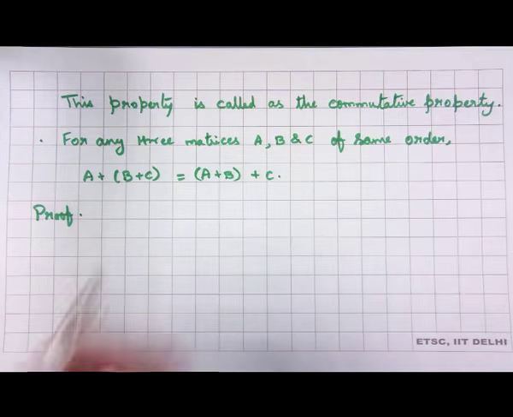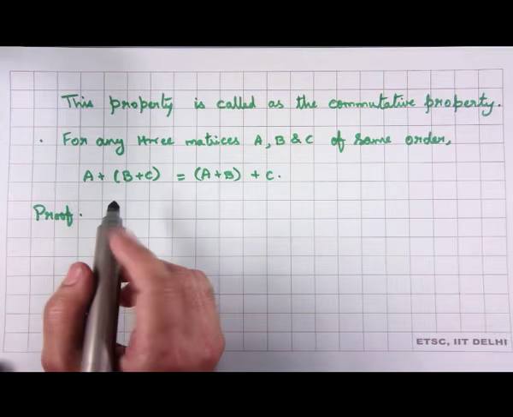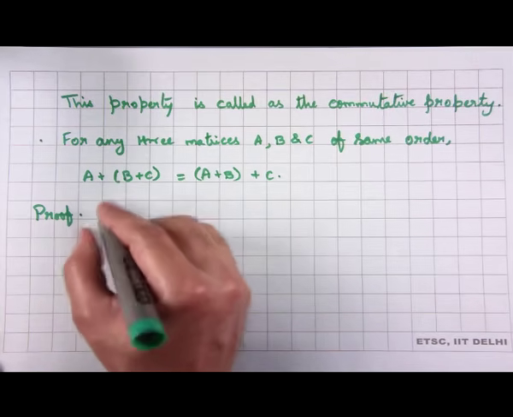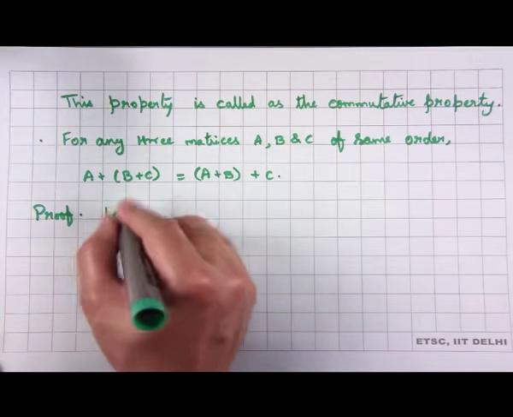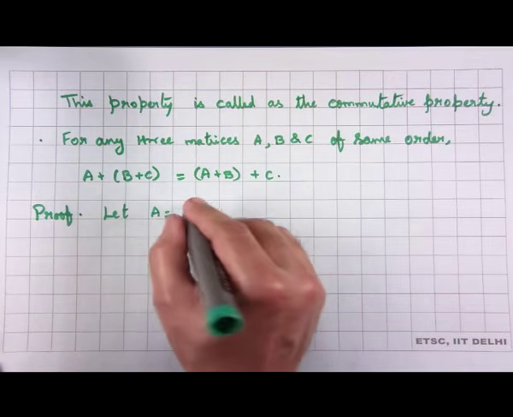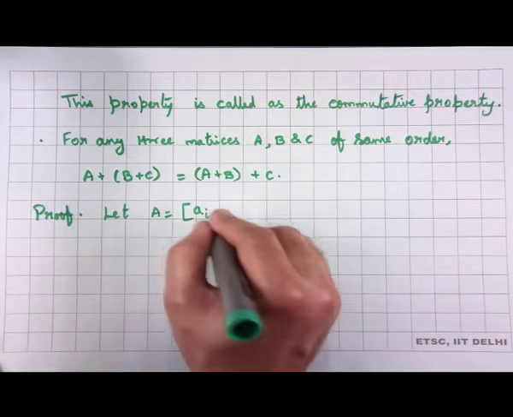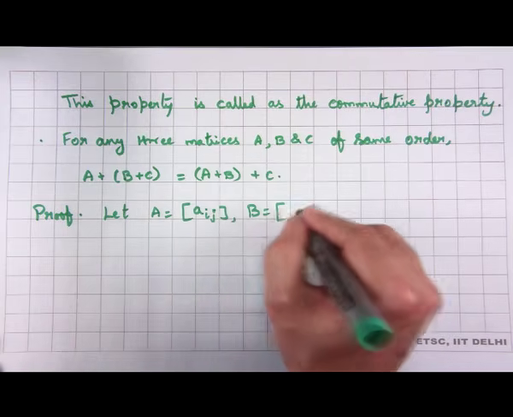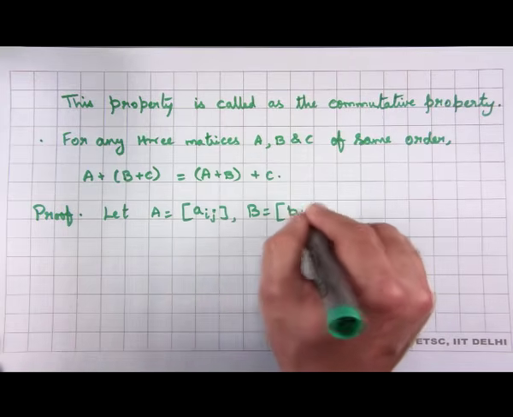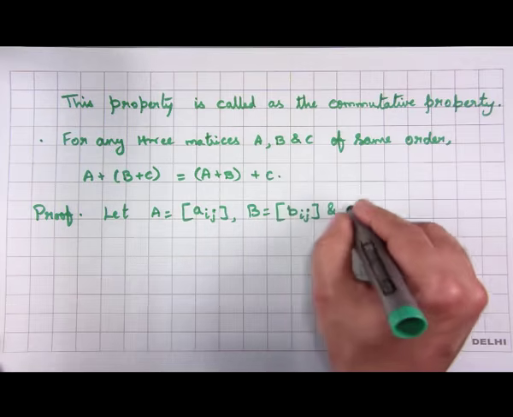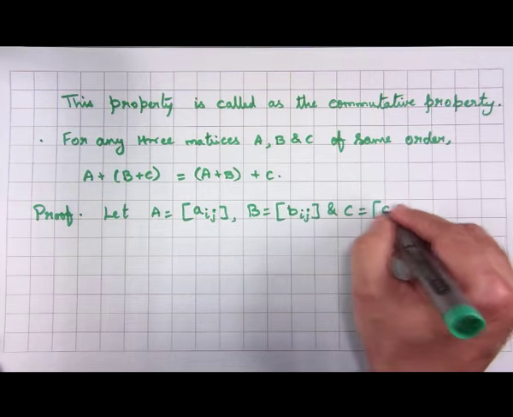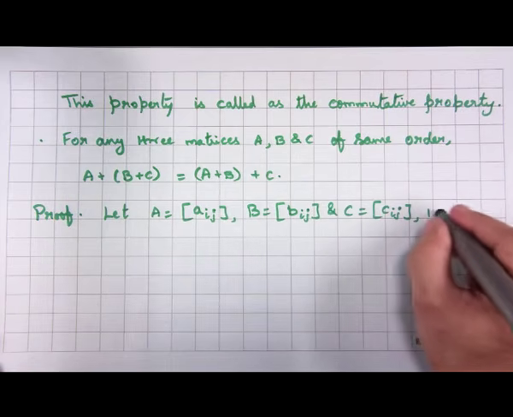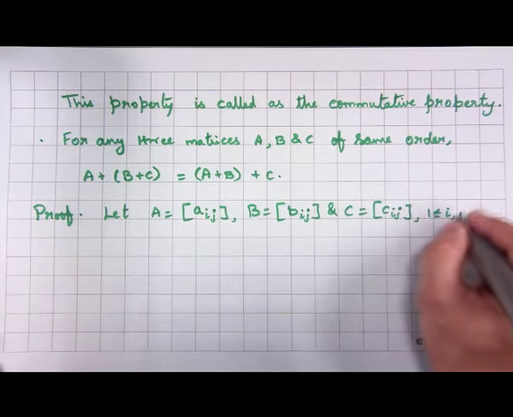The proof of this is more or less the same as the one that we gave for the commutative property. So, we will assume that A equals the matrix with entries a_ij, B equals the matrix with entries b_ij and C is the matrix with entries c_ij, wherein 1 less than or equal to i, j less than or equal to n.